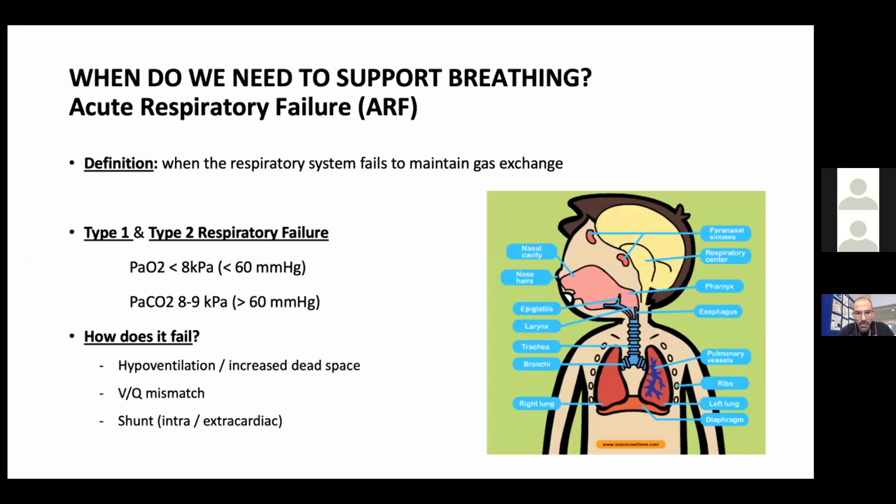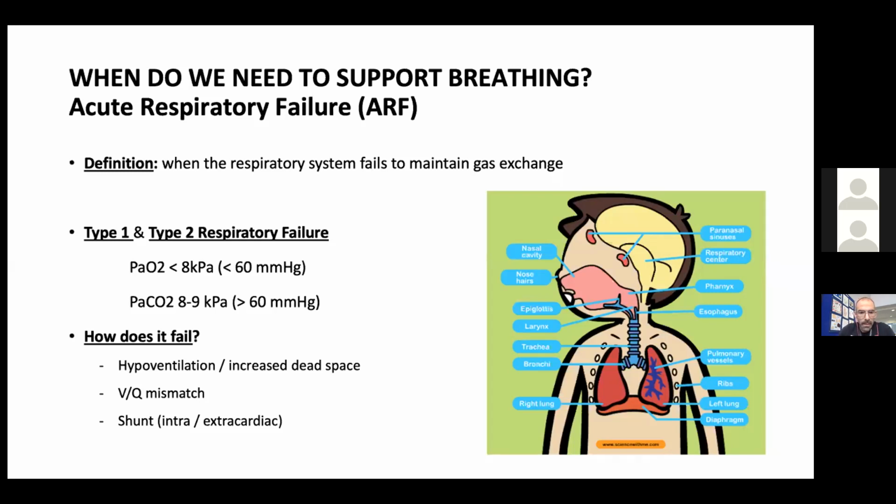So when we have a hypoxemic respiratory failure, the definition is when we have an arterial pressure of oxygen below 60 millimeters of mercury or 8 kilopascals. And when we have a type 2 or hypercapnic respiratory failure, we will have an arterial pressure of carbon dioxide of more than 60 millimeters of mercury or more than 8-9 kilopascals.